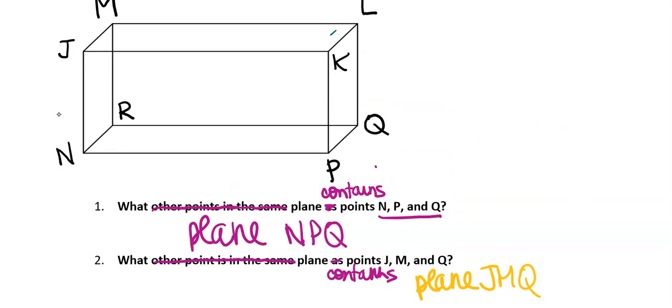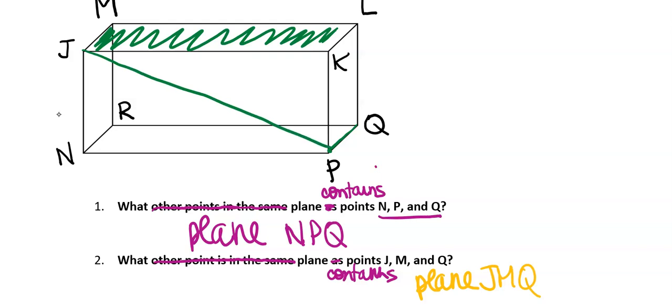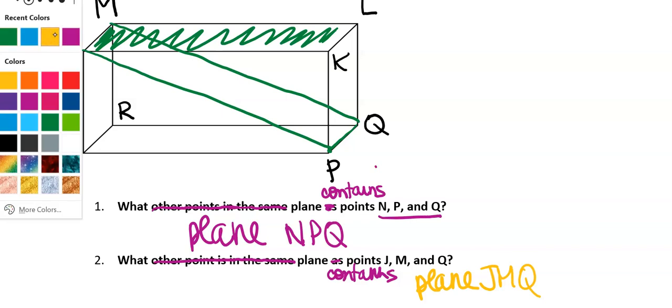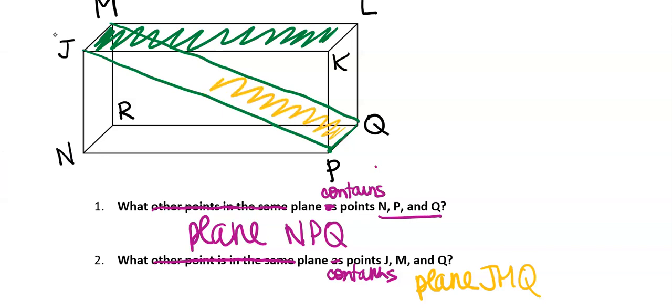Okay, JKLM is the top, and the other one is the diagonal. Like that. Where they cross each other is line JM.